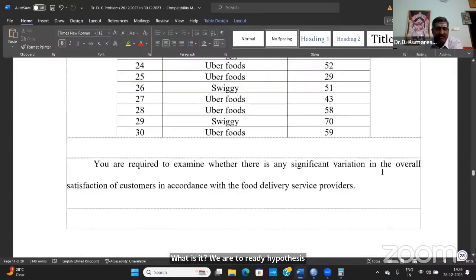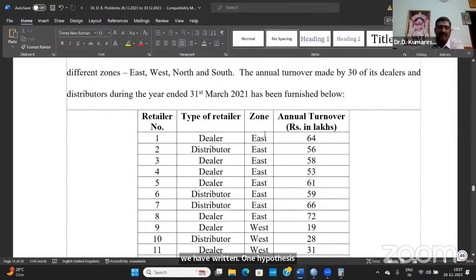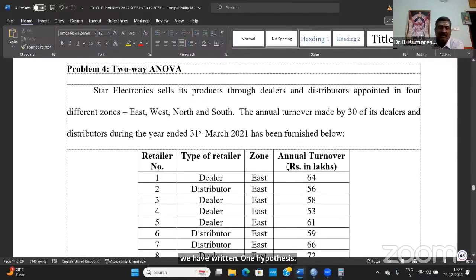Earlier, there was only one independent variable, so we have written one hypothesis. Here, there are two independent variables. So we have to write two hypotheses.